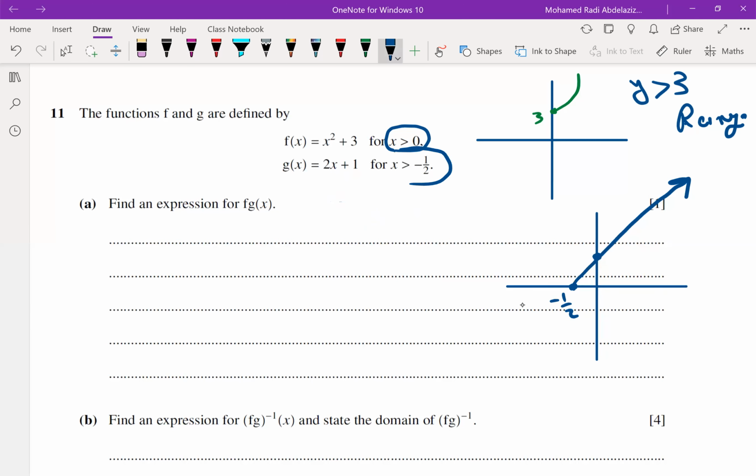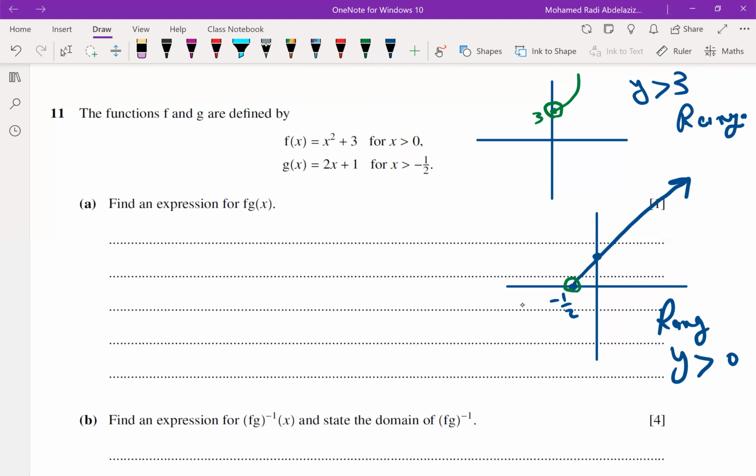It's already given. This represents the domain. But what is the range? The range is y greater than 0. Because x is more than negative half and not written equal, it's better to show that this circle is not shaded. To show it is not included in the domain and is not included in the range.